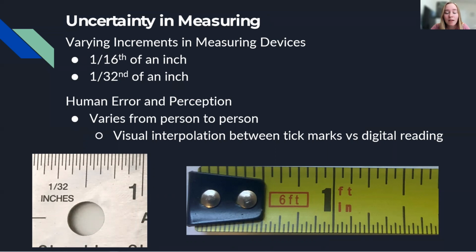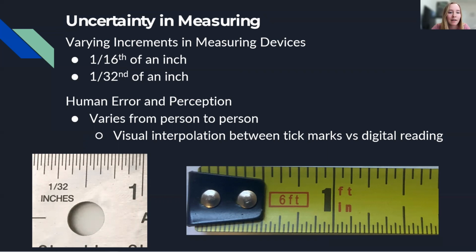The caliper has a digital reading with increments of 1/100th of an inch. And because of this, and for the lack of human error, calipers are deemed more precise and accurate if calibrated than rulers and tape measures, just because of what I said, there's less human involvement.